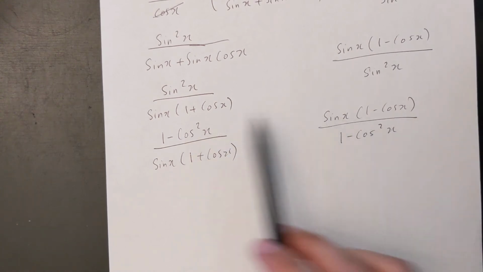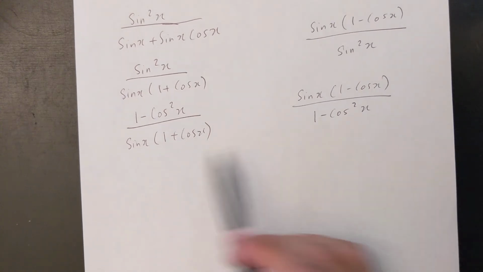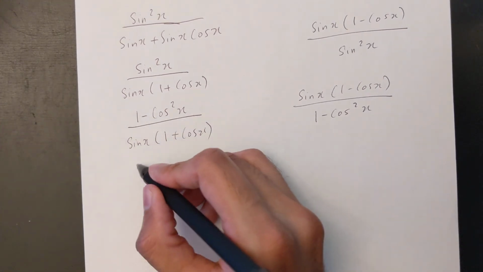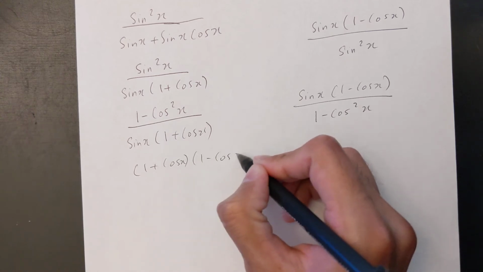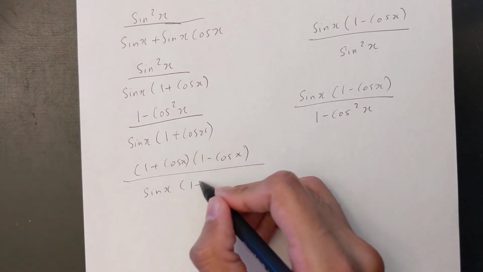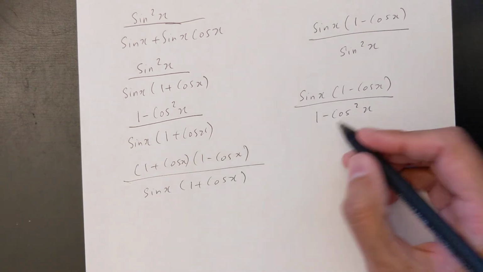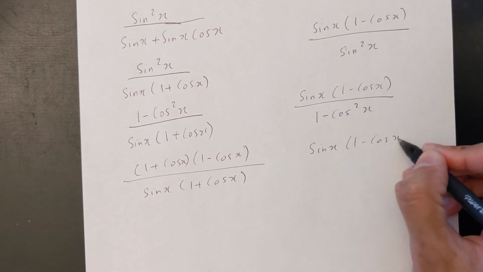Now I'm going to factor these so I can do a cancellation. So if I factor 1 minus cos square x, it is 1 plus cos x, 1 minus cos x, and same thing on this side.